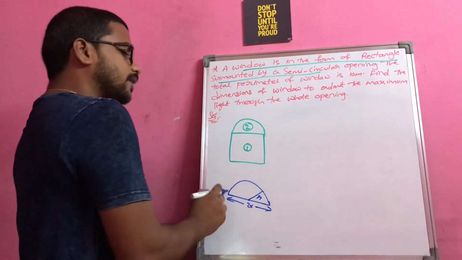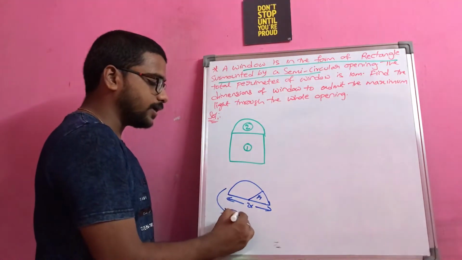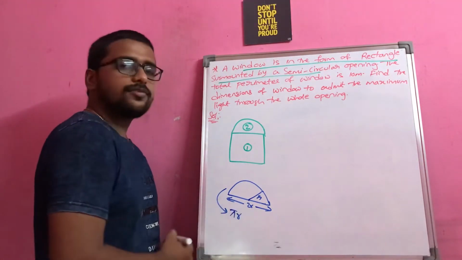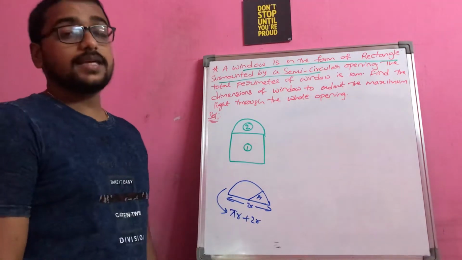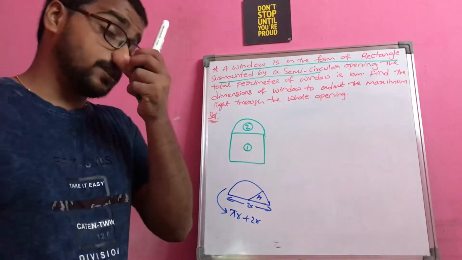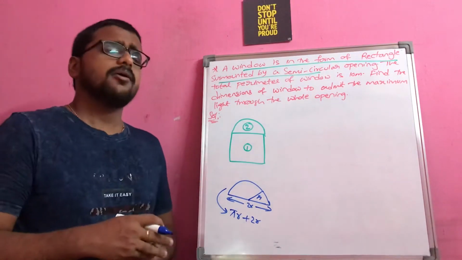So the perimeter formula for this semicircle will become pi r plus 2r. What students generally think is that the perimeter of a semicircle is just pi r.